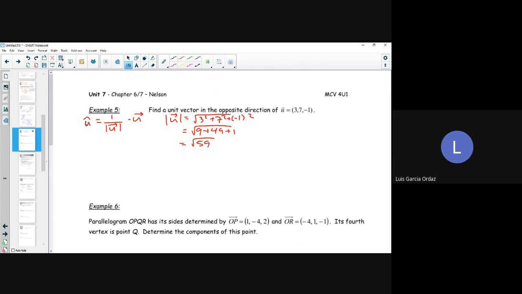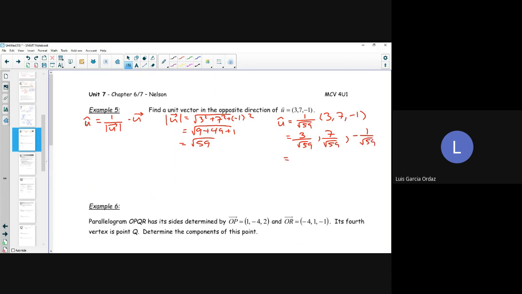Which means my unit vector is going to be 1 over square root of 59, times 3, 7, and negative 1, which gives me 3 root 59, comma 7 root 59, comma negative 1 root 59.